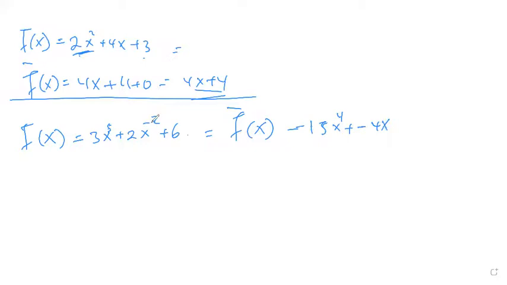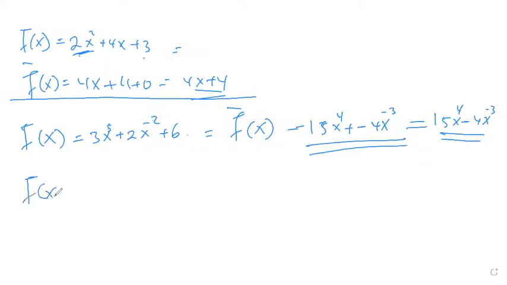Then for this one, minus 2, I will subtract 1 again, will be negative 3. This constant will be 0.